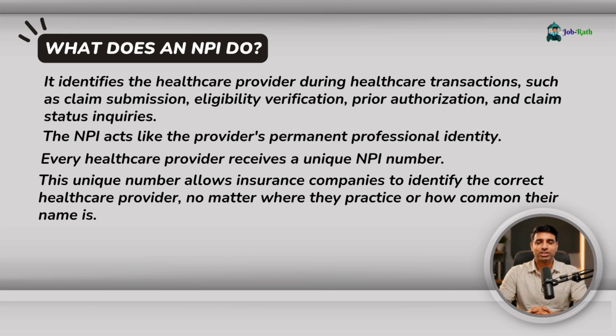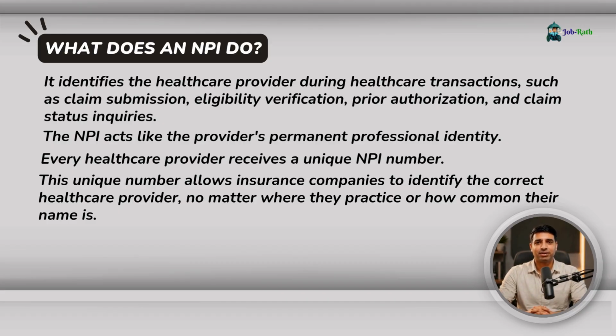And if a doctor changes hospitals, moves to another city, or even changes insurance contracts, that doctor's identity as a healthcare provider remains the same because the NPI stays the same. That's why insurance companies use the NPI to identify and verify the provider during claim processing. The NPI helps confirm that the provider is recognized in the healthcare system and is enrolled or credentialed with the payer when applicable.